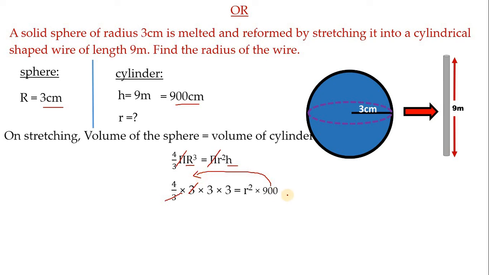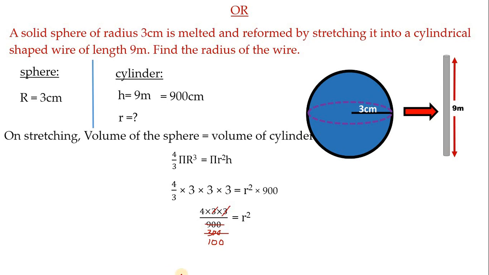Multiplication 900, if you transfer this side, it will become the denominator. Next, let us simplify this. So here 3 ones are 3 and 3 3s are 9, 2 zeros will be as it is. Again 3 ones are 3 and 3 ones are 3, 2 zeros will be as it is. So what is left now? 4 by 100 is left.